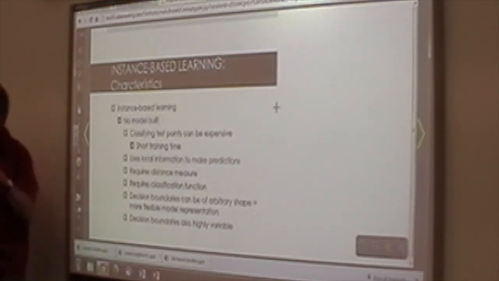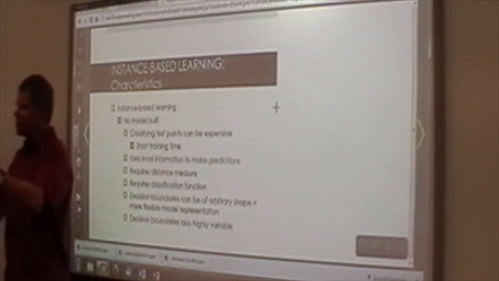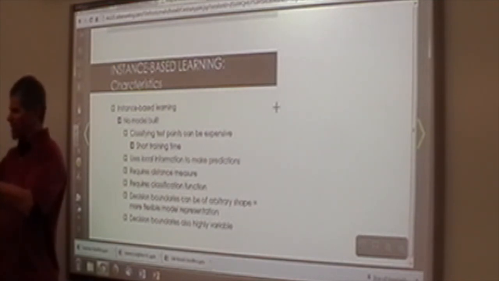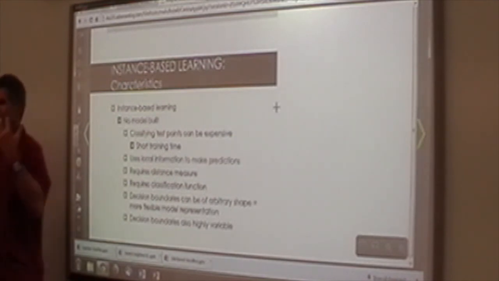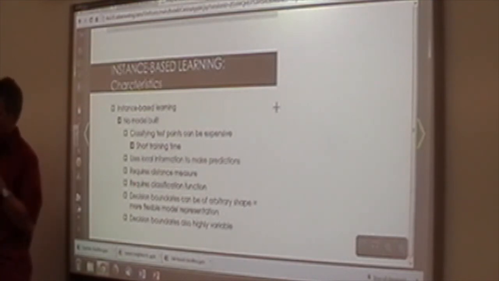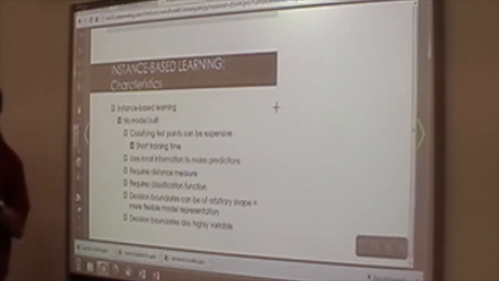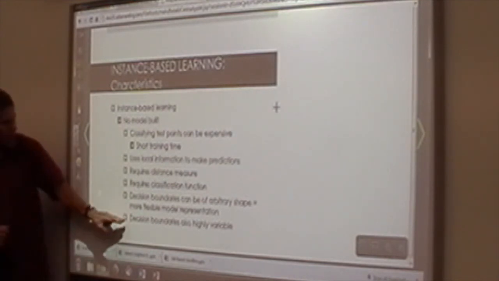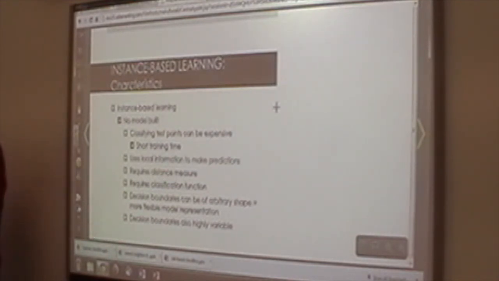Remember in decision trees and rule-based learning, our decision boundaries were pretty left, right, up, down type rectilinear decision boundaries. Here they can be a lot more curvy, a lot more complex. There are other ways to get there, but yeah. Another downside: the decision boundaries can be variable, and it's going to depend on the parameters K, your distance measure, and your classification function.